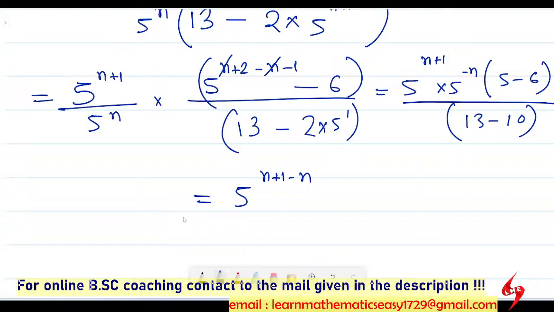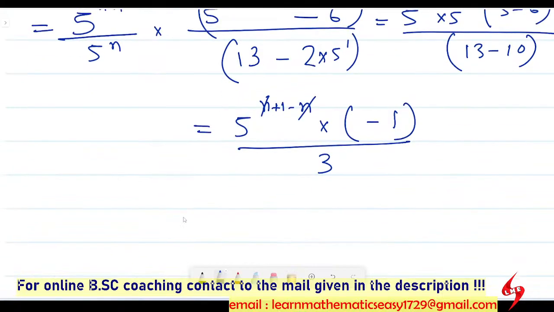So the power will be added because the bases are same. So here this is my minus 1, and in the denominator it is 3. So 5 to the power n will be cancelled out. This is my 5 into minus 1 by 3. My answer is minus 5 by 3.